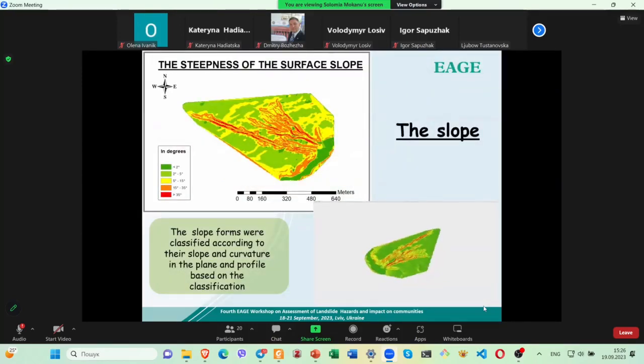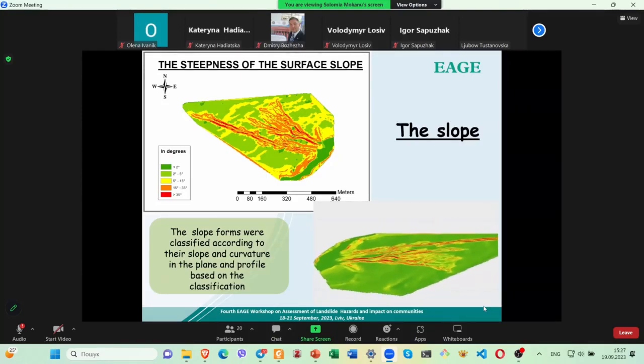The slope forms were classified according to their slope and curvature in the plane and profile, based on the classification.